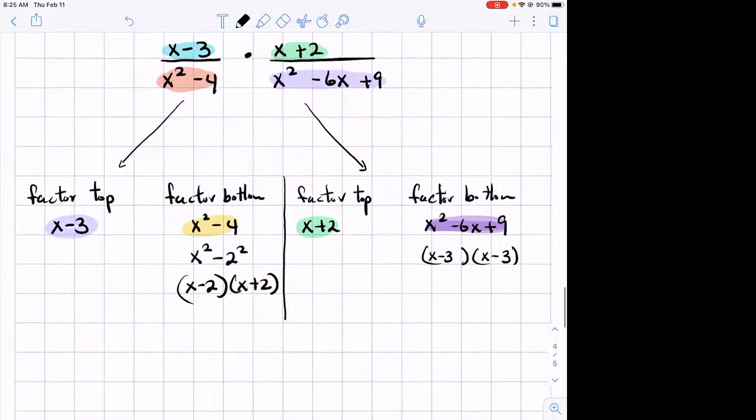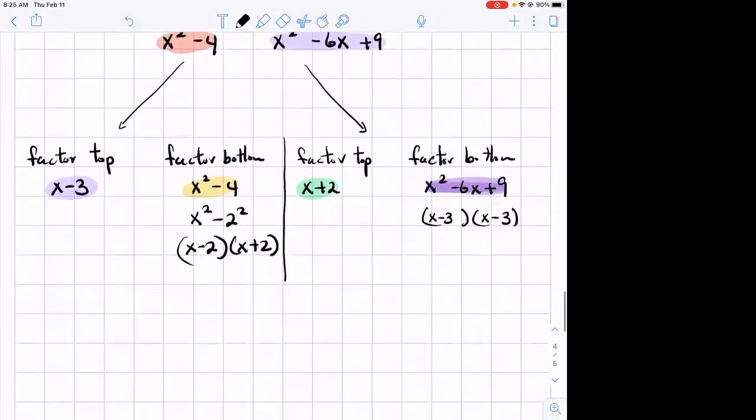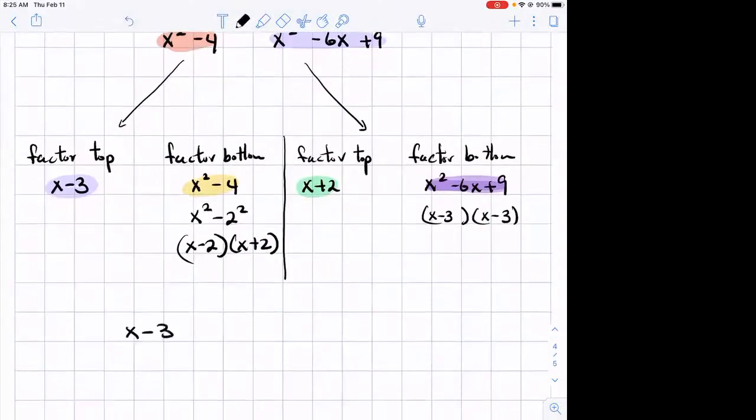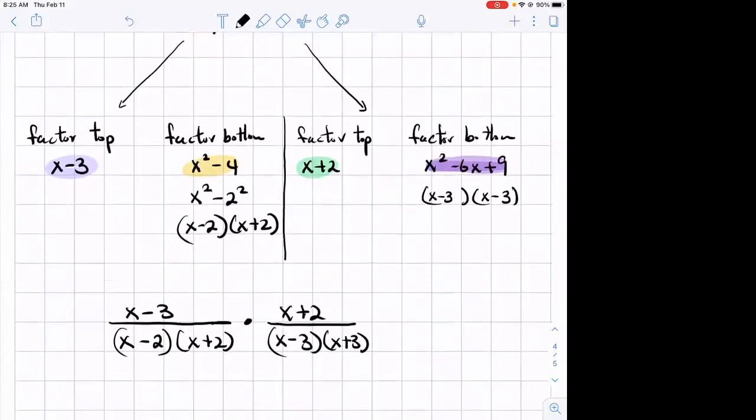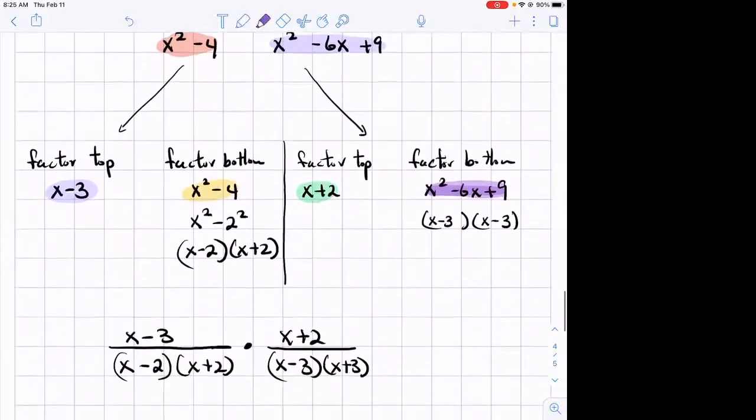So our problem is the same as x minus 3 divided by x minus 2 times x plus 2, times x plus 2 divided by x minus 3 times x plus 3. All I did here was factor the denominators.